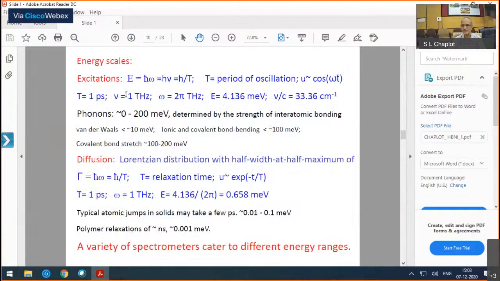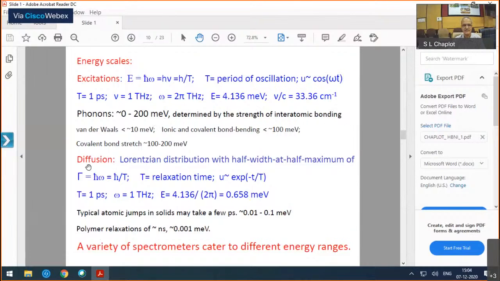We also noticed that typically the thermal excitations we talk about are in the range of tens of milli-electron volts, typically from 0 to 200 or so, which depends on the strength of the interatomic bonding.